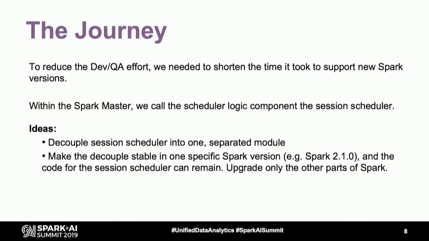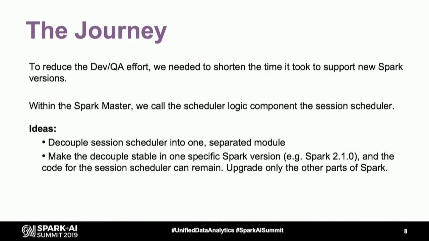So we thought, okay, all of that session scheduler logic is pretty much stable from every Spark release to the next. It's not really changing the Spark code too much. It's using some of it. So what if we were able to decouple that with a couple of code changes into a totally separate scheduler, into a separate module?